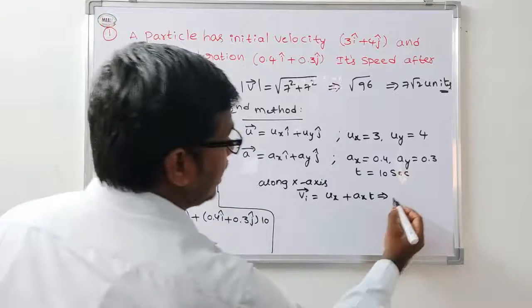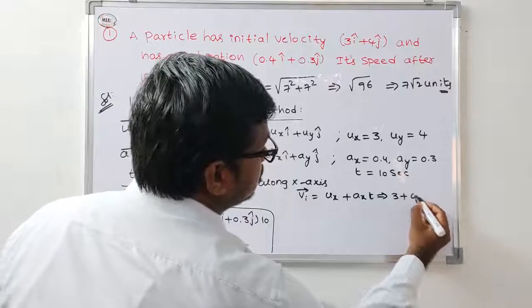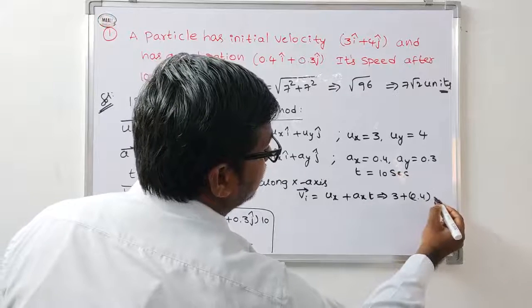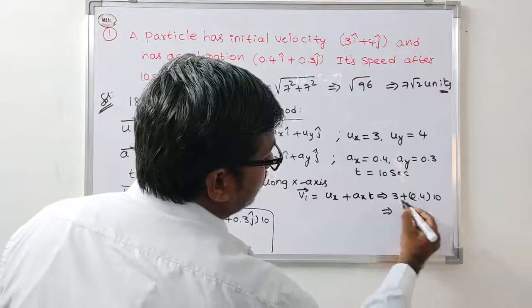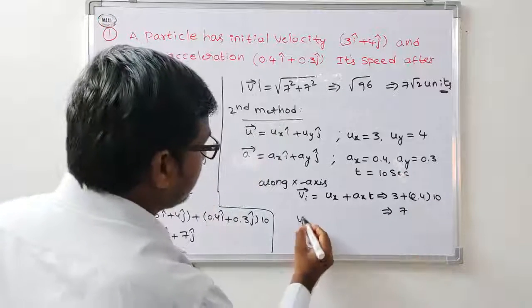Okay, ux value 3 plus 0.4 into 10. Okay, this is 7 units.